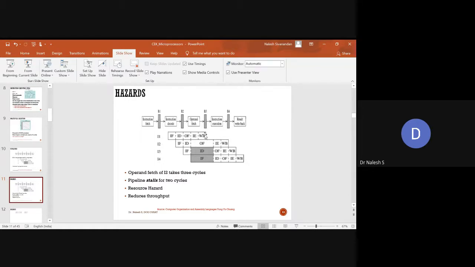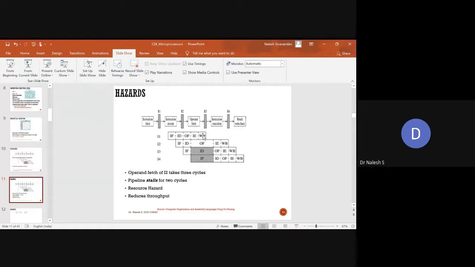So earlier, if this was not the case, we could have got a write back in every cycle. But now, after the write back of the first instruction, you will get the next write backs only after 3 cycles. If operand fetch had happened in one cycle, we could have got 4 write backs in 4 cycles. Now we are getting 4 write backs in 7 cycles.